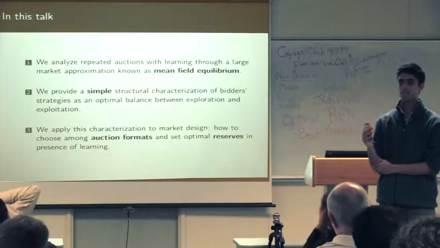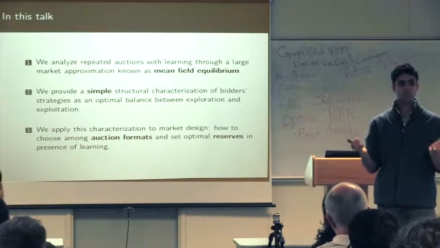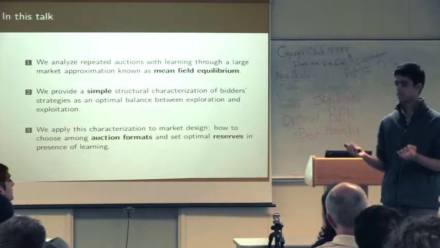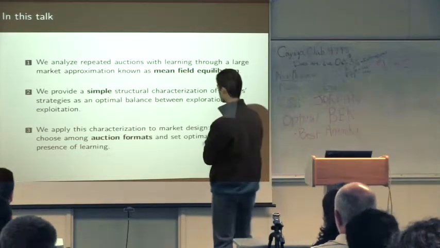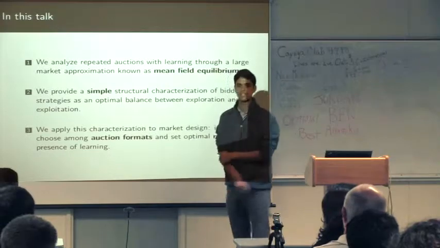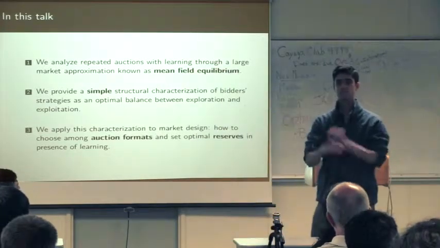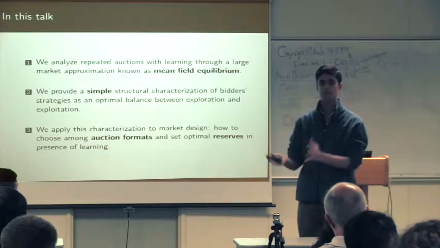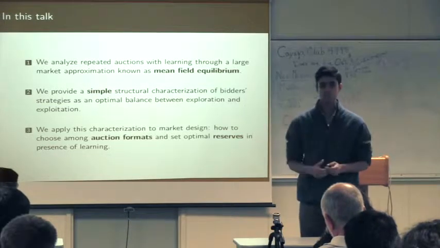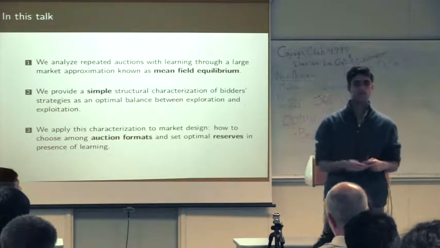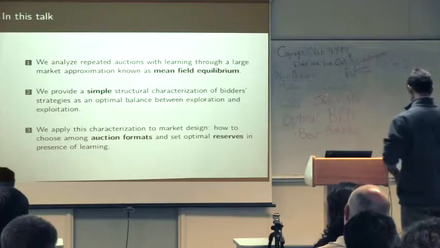In particular, you can show that the bidder's bid will optimally balance between the exploration and exploitation aspects. Finally, depending on the time, I'll use this characterization to ask questions about market design: how does the format of the auction that is being repeated affect the advertisers and the search provider's revenue, and how can a search provider set reserve prices in this auction optimally.